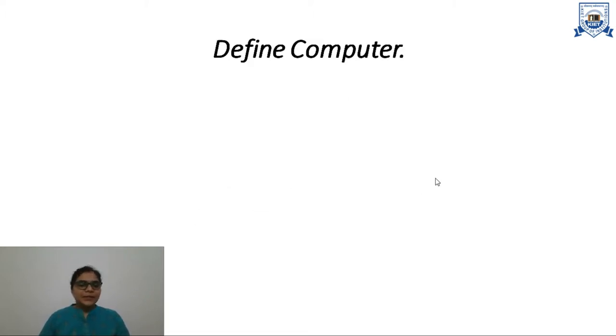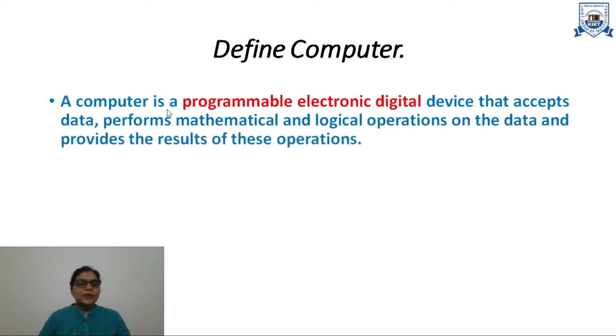So what is a computer? A computer is a programmable electronic digital device that accepts data, performs mathematical and logical operations on the data, and provides the results of these operations. Programmable means a computer can be programmed to perform various tasks.